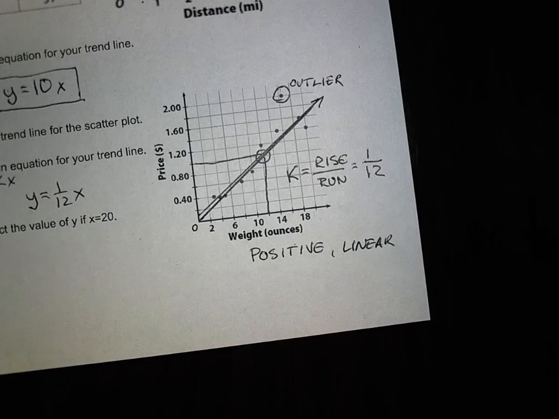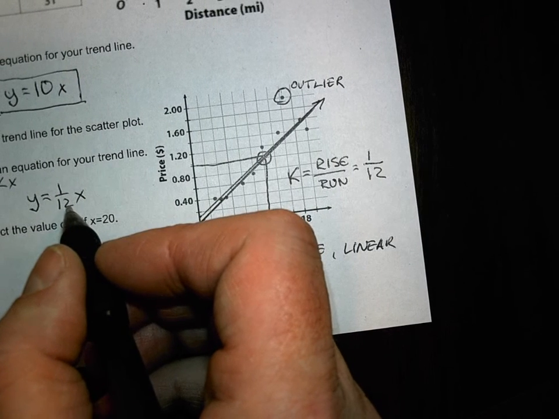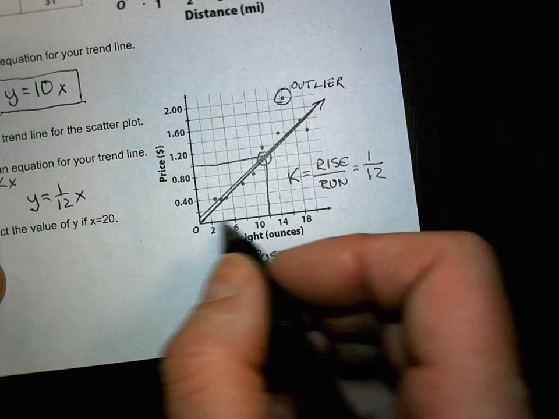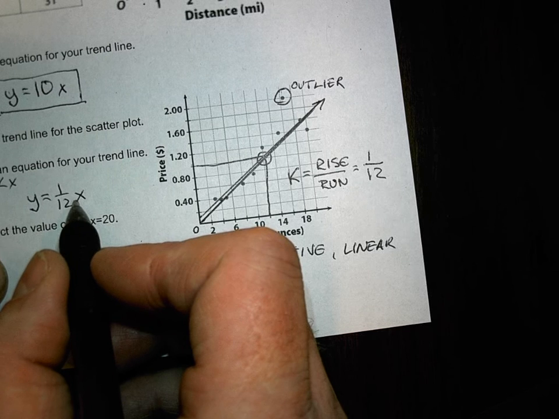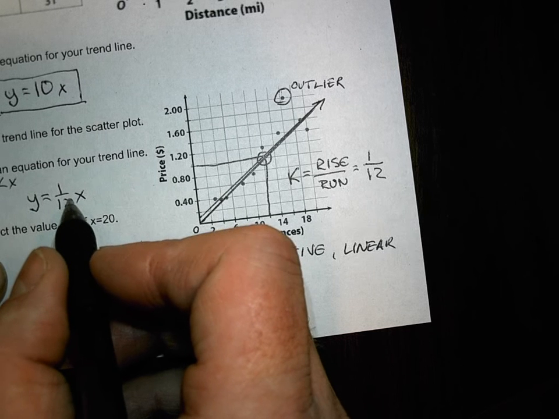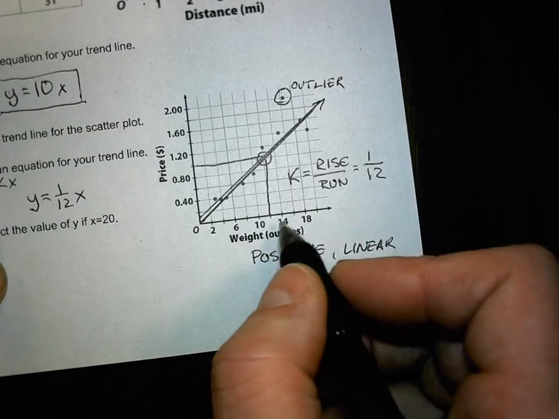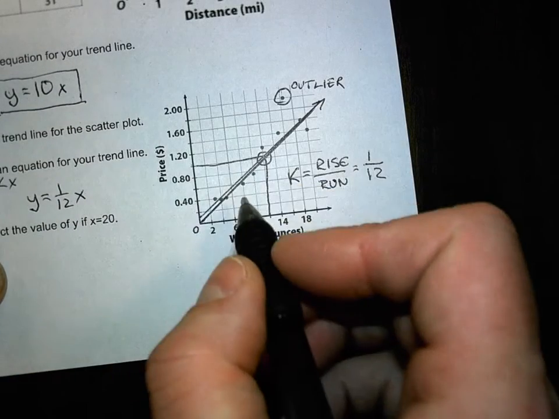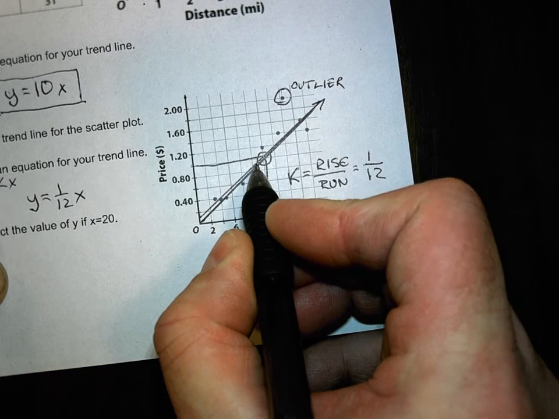So the weight per ounce. If I buy 10 ounces, how much is it going to cost me? I can multiply by 1/12, right? What's 1/12 of 10 ounces? It's right there. If I buy 10 ounces, I'm going to pay around 80 cents, right?